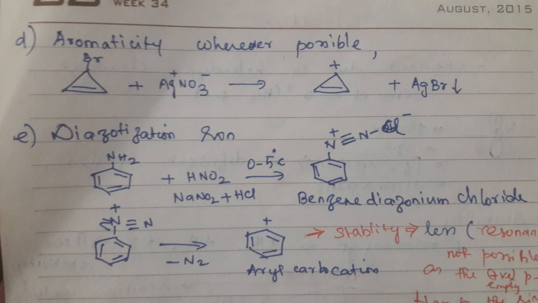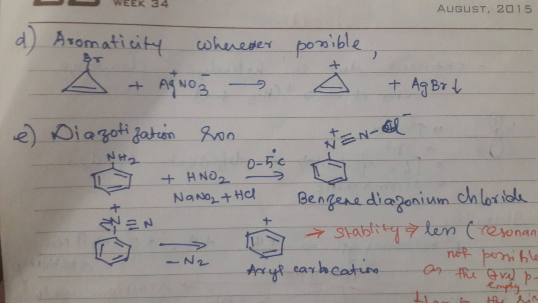Hence we have to carry out the reaction at ice cold condition, that is, below 5 degrees centigrade. When aniline reacts with nitrous acid, it produces benzene diazonium chloride, benzene diazonium ion. That leads to the formation of aryl carbocation by the elimination of nitrogen.